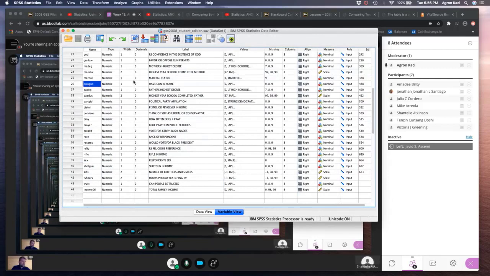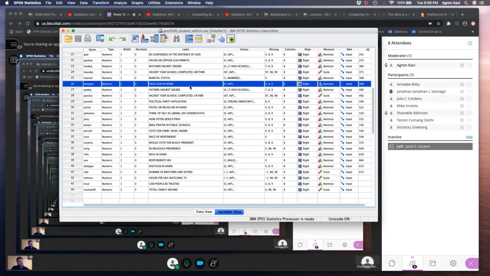Right here, own gun. Did you use that? Oh no, I did favor or oppose gun, and then the age. Okay, you can change that. Okay, I'll change it.